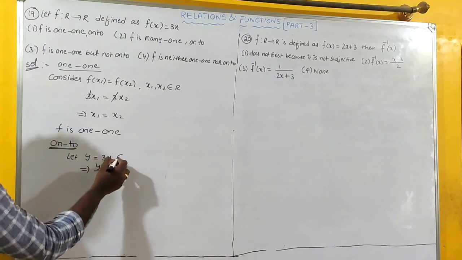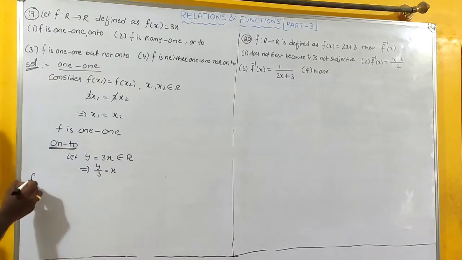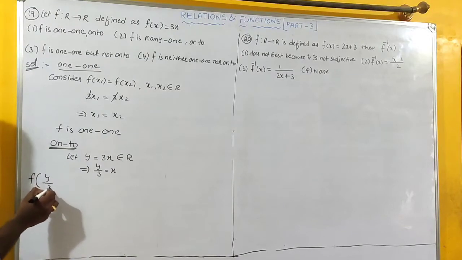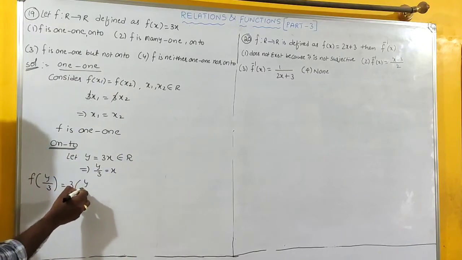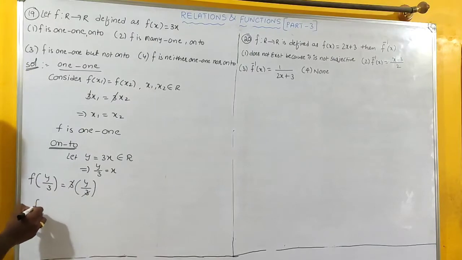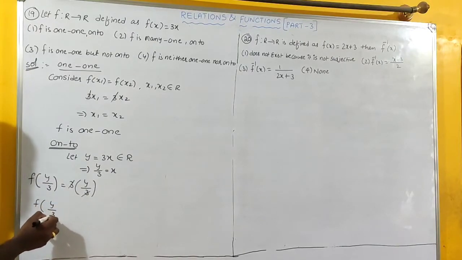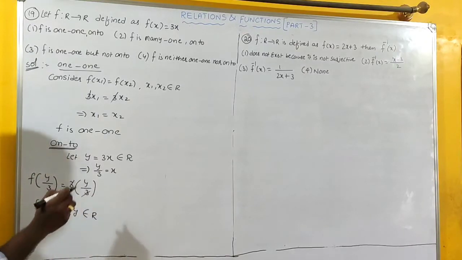If I take this y value in the codomain, then I am finding f(y/3). Substitute y/3 into f. The 3s get cancelled. Then f(y/3) = y. It also belongs to R.